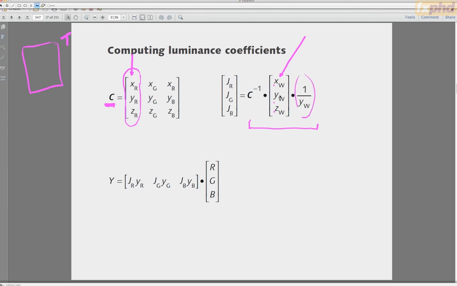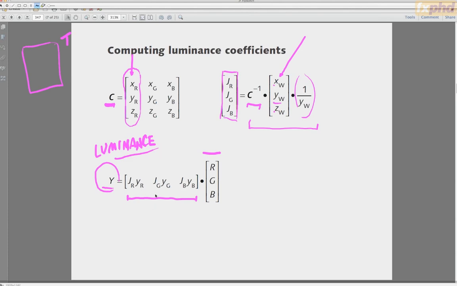And we do a normalization to the little y, and we dot product that with the inverse of the chromaticity matrix to get 3 normalization factors called J. Now, the luminance for that particular set of RGB is just the J vector element by element times the little y coordinates of the primaries.